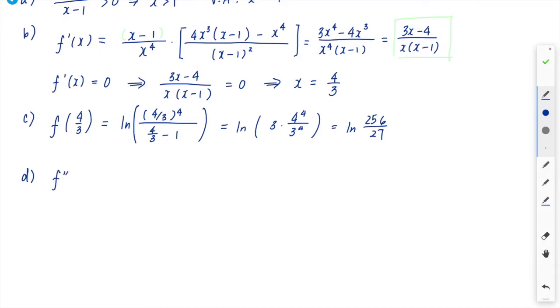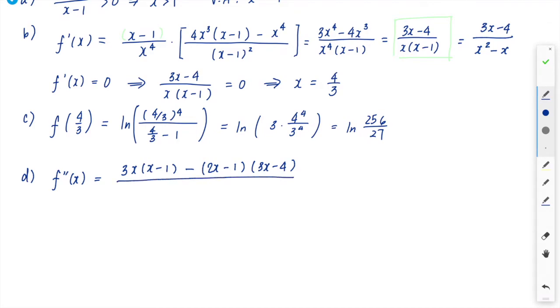F double prime x is derivative of the top 3 times x minus 1 minus, well, this is x squared minus x in the denominator. So the derivative of that is 2x minus 1 times 3x minus 4 all over, that's gross.